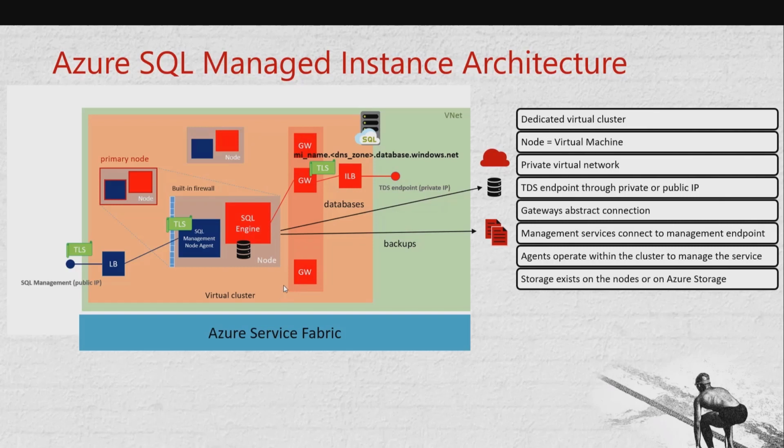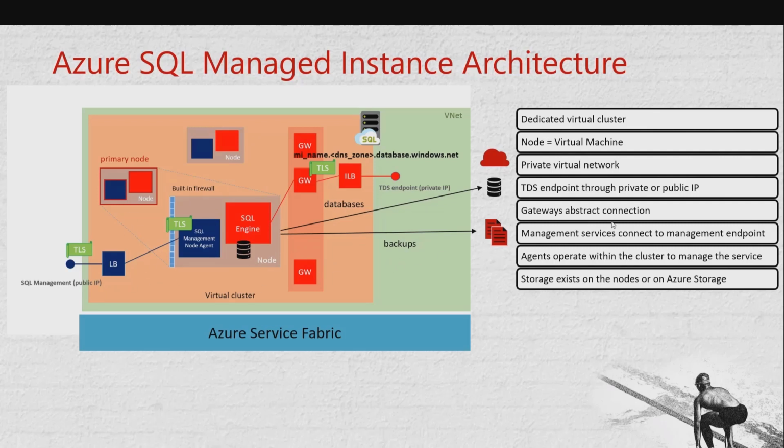Then you get into the gateways, and then you go into the SQL engine that runs in the node together with some management node agent, which picks up the health of the instance, reports if there is a need for a failover, and helps us with maintenance and patching. You can also see the public IP connection should you enable this one, which is implemented with another load balancer external to the node.